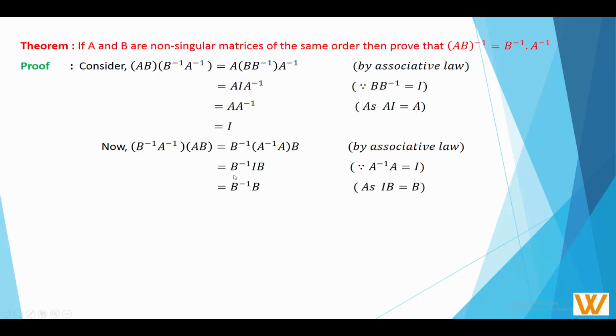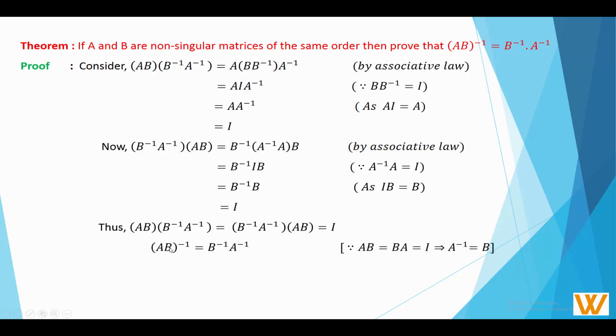Therefore we get B inverse into B, which is I. So B inverse A inverse into AB is equal to I. Therefore AB into B inverse A inverse equals B inverse A inverse into AB equals I. Their product is I, so both are inverses of each other.